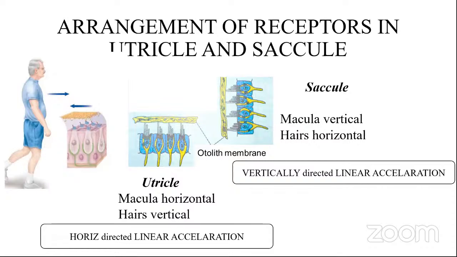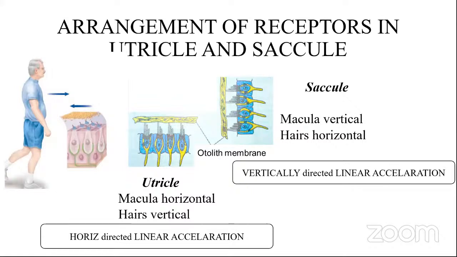In the utricle, the hair cells and the hairs are embedded in the otolithic membrane, and macula is horizontal and hairs are vertical. So utricle detects horizontally directed linear acceleration.